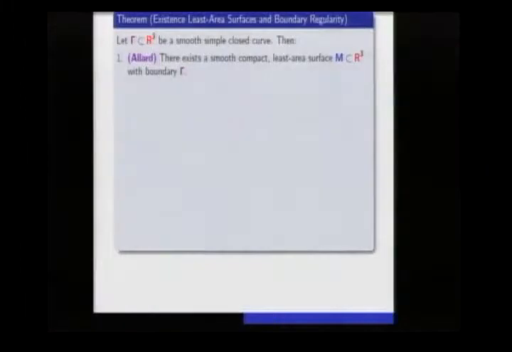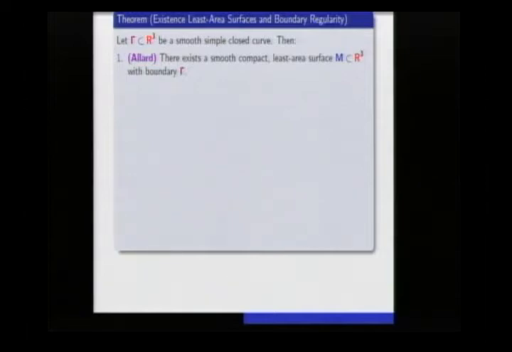Then we have the result of Allard, which says that there exists a smooth, compact least area surface with boundary gamma. What he really shows is there's a surface that somehow homologically glues onto the boundary of the curve. He doesn't really go through and check, for example, that the surface has finite topology, like finite genus.